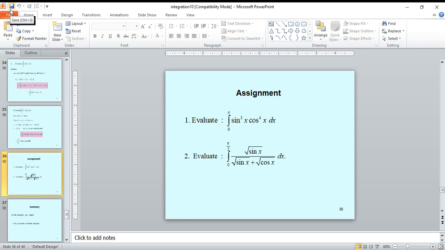Apply the sixth property: integration 0 to a f of x dx equals integration 0 to a f of a minus x dx. Apply it in the first question, and in the second apply the sixth property. It will give the second answer as 5 by 4.